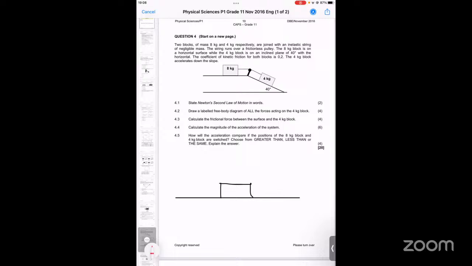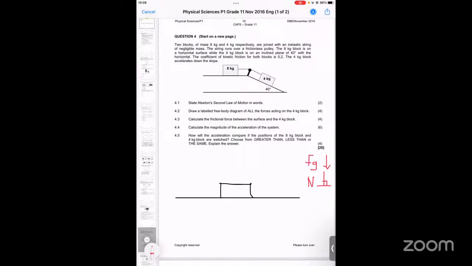You always list them in this order. You must first think about FG because this one will always be there. It is always downwards. Yes, sir. And then you will have a normal force which will always be perpendicular to the surface.